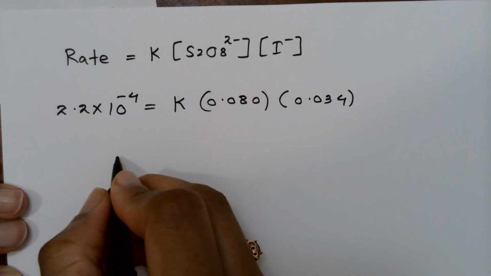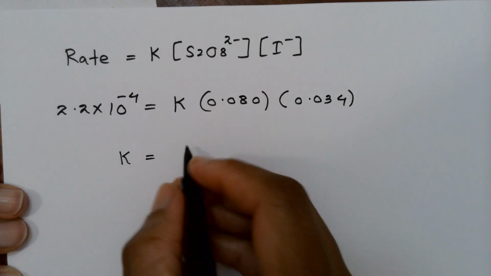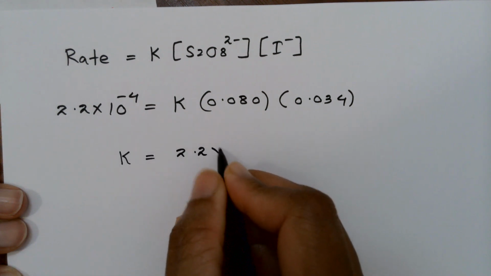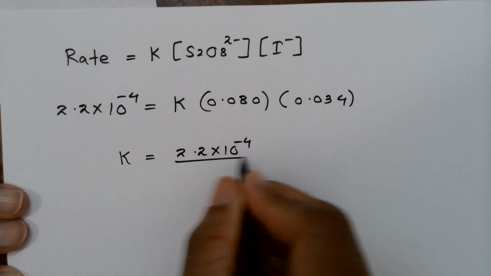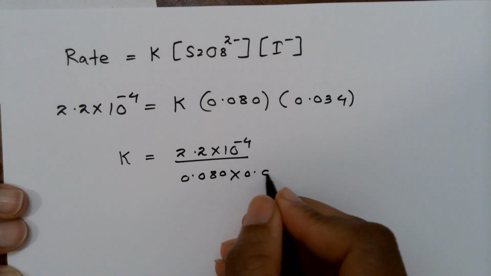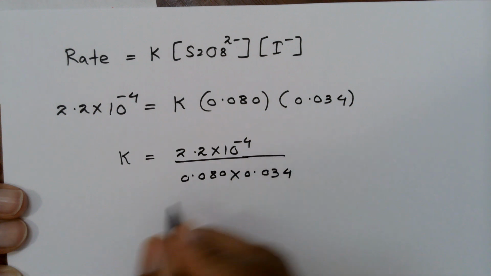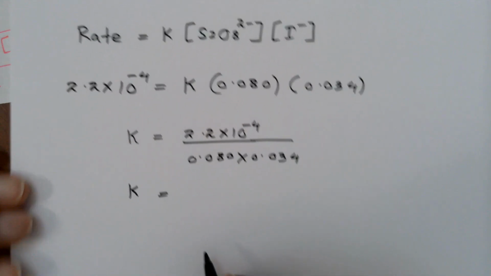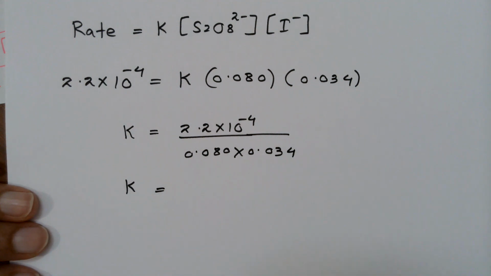Now we can easily calculate K is equal to 2.2 times 10 to the negative 4 divided by 0.080 times 0.034. So the rate constant K is, let's apply the values in the calculator.